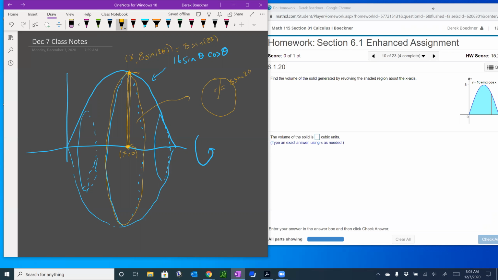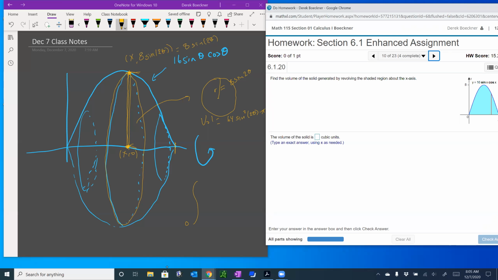So the volume of this little disc is going to be 64 sine squared 2 theta times pi, right? Pi r squared. And I want to add those up. And it's going to go from 0. Well, it's going to stop. Does it tell us where it stops?